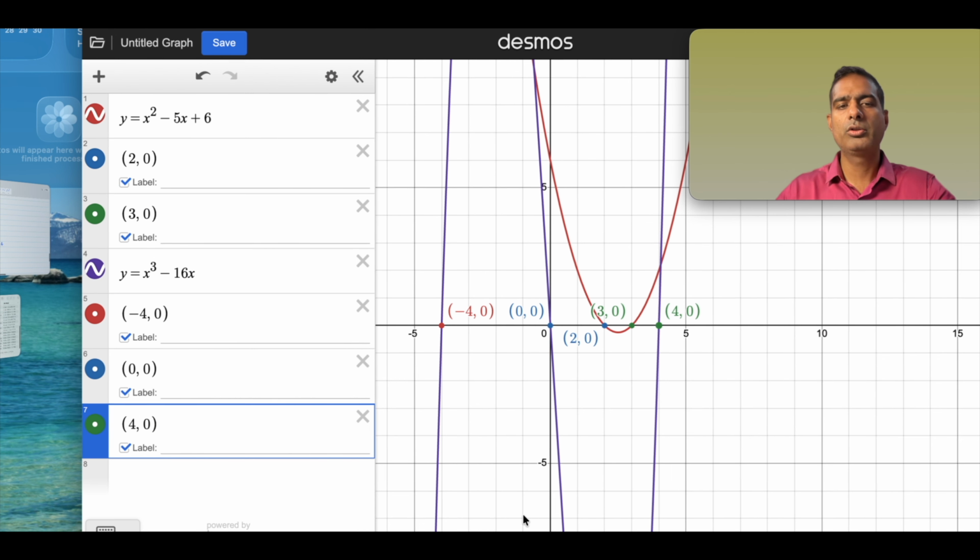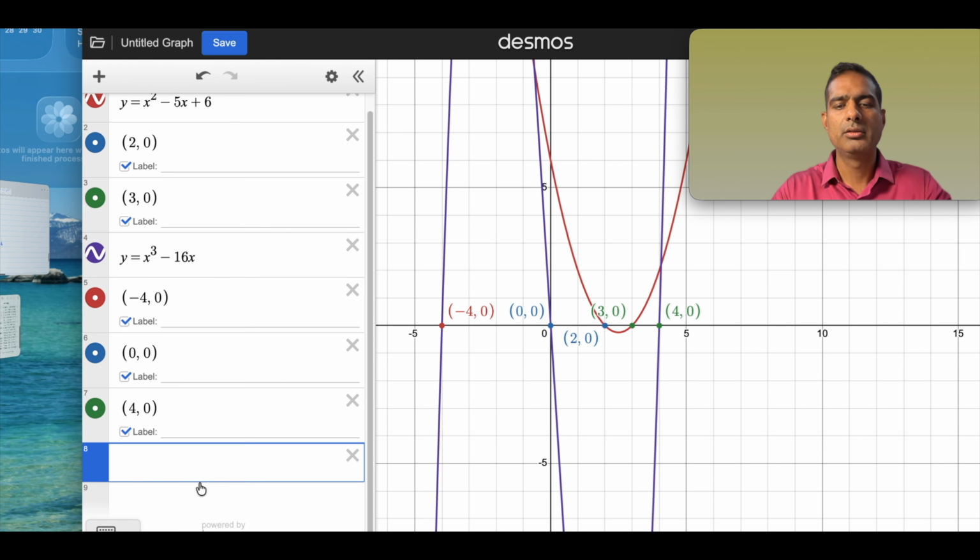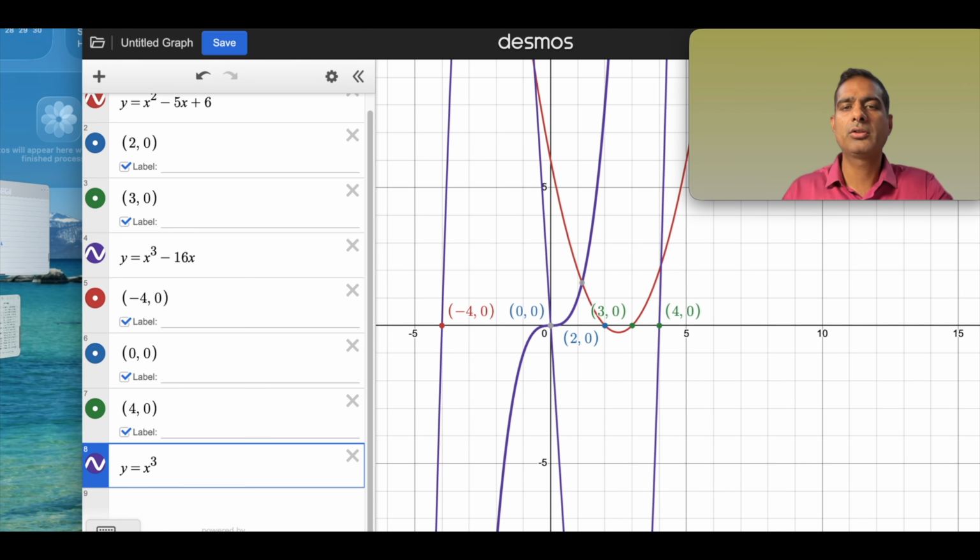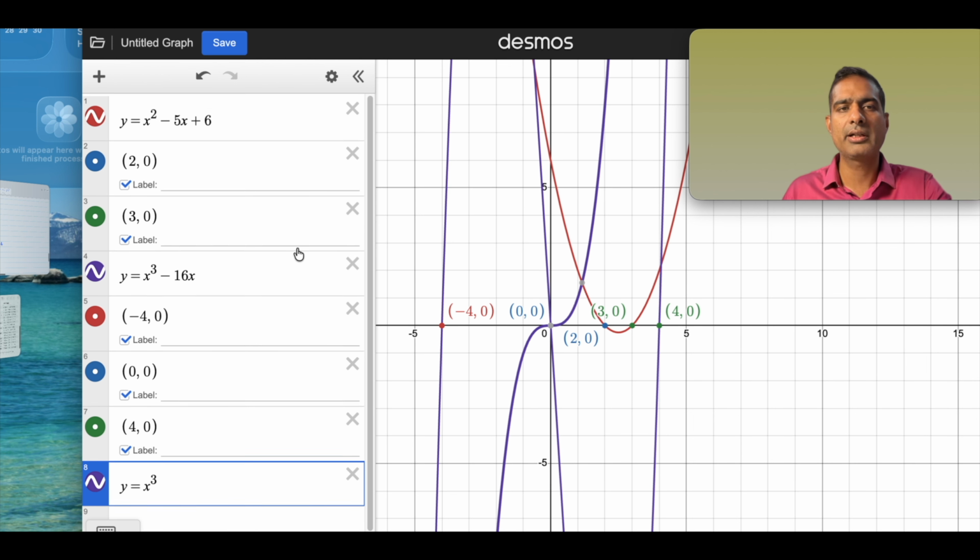Let us try to draw some other cubic curves also to check at how many points a cubic equation can cross the x-axis. So y is equal to x cube, if we take, so it is crossing the x-axis. Let me remove the other graphs.